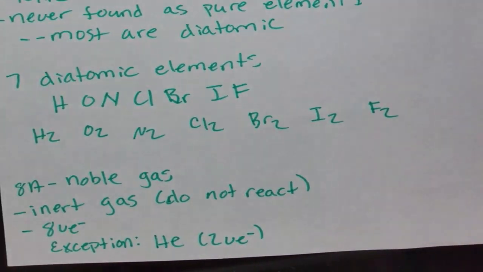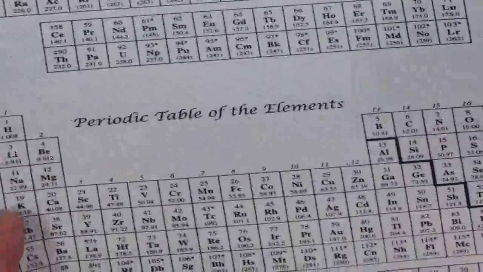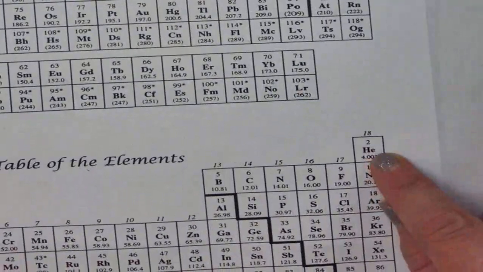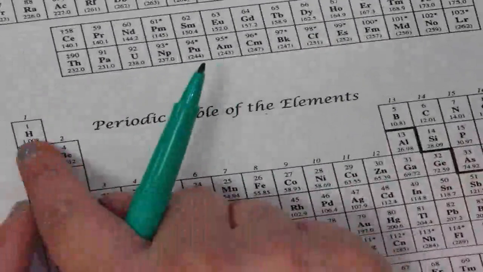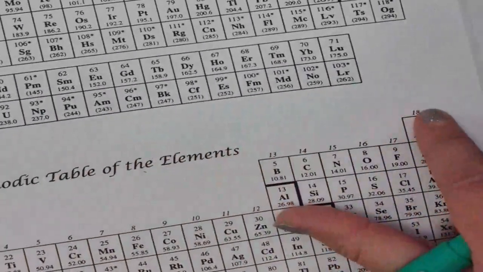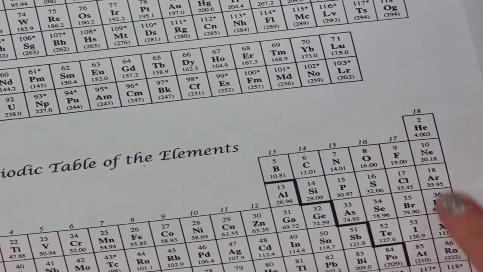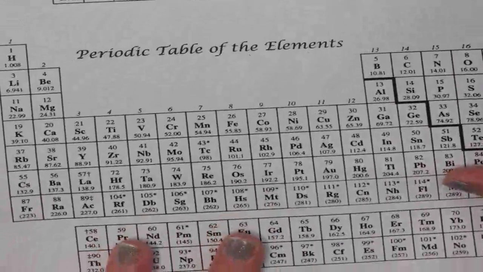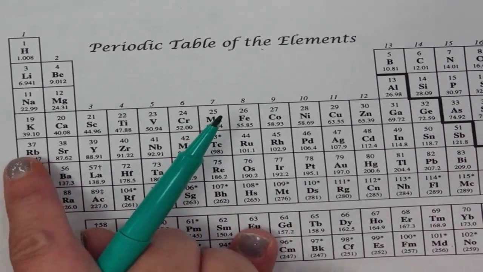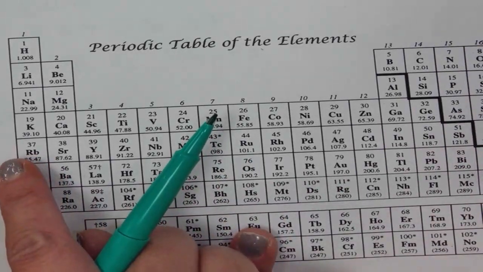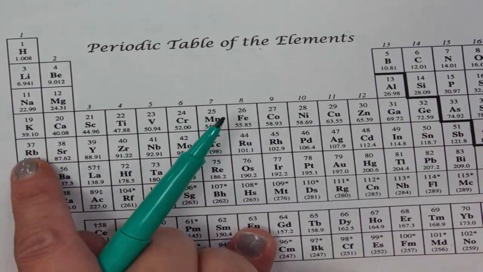So let's take a look at our periodic table. Helium is right here. So it has 1, 2 valence electrons. The rest of these have 8. Because when we count our valence electrons, they come from the S and the P sublevels.